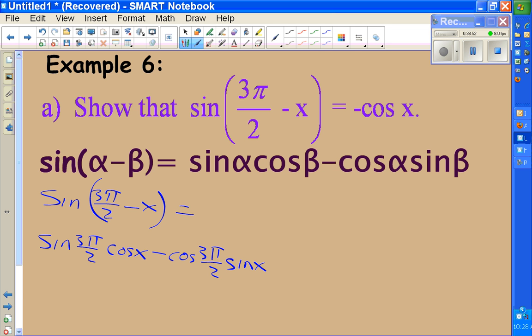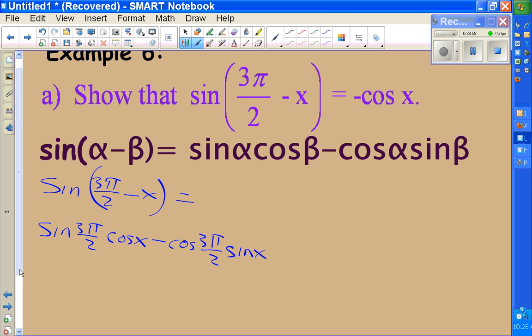What's the sine of 3π/2? So we're going to have -1 times cos x. What's the cosine of 3π/2?